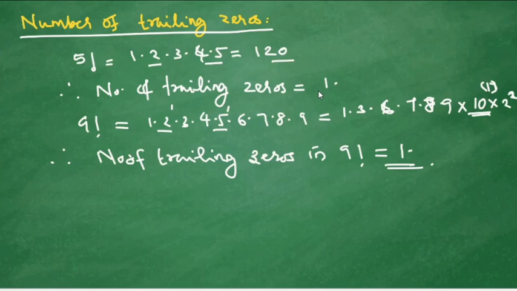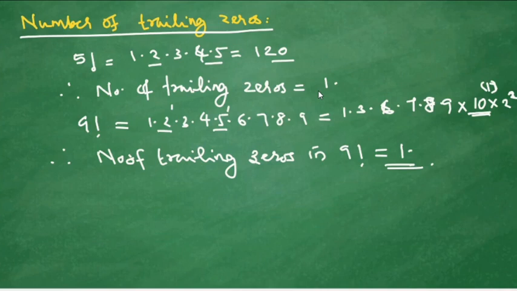So there is one method for finding the number of trailing zeros in n factorial. From these two examples we have a hint: the highest power of 10, that is how many times 10 repeats, will be the number of trailing zeros in that n factorial, isn't it?